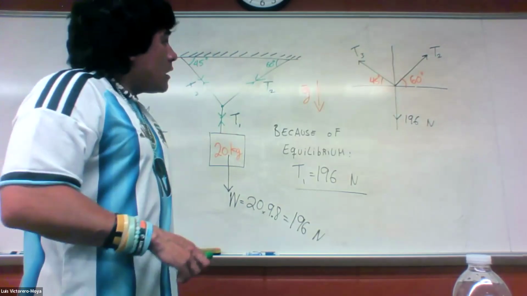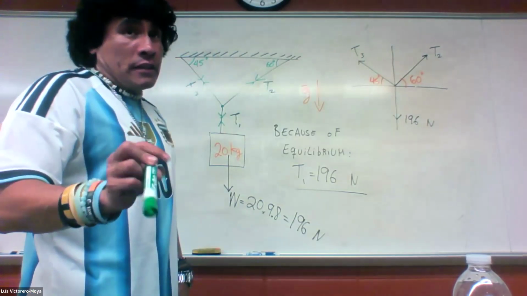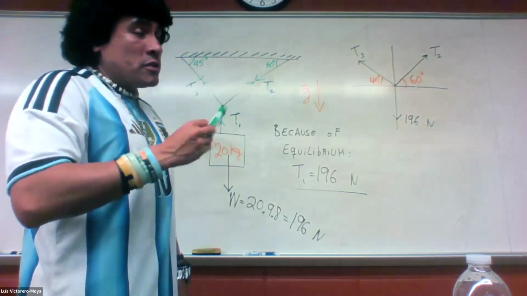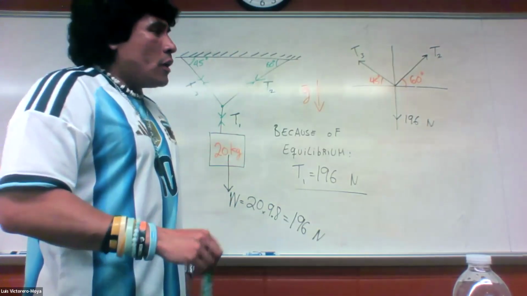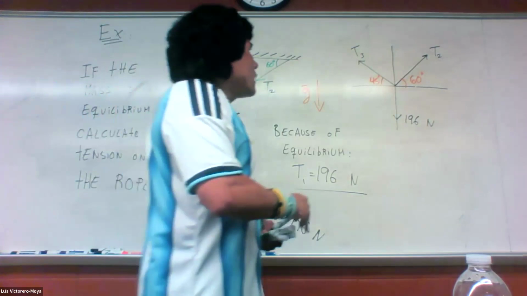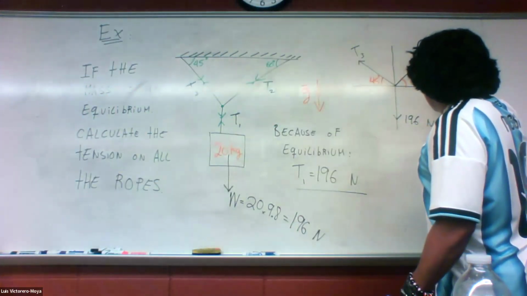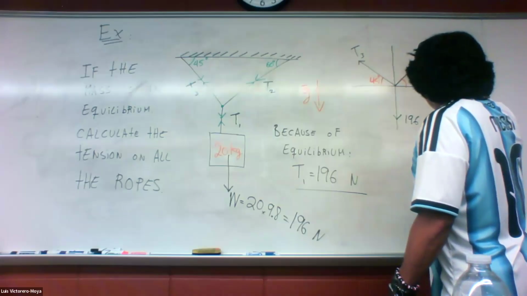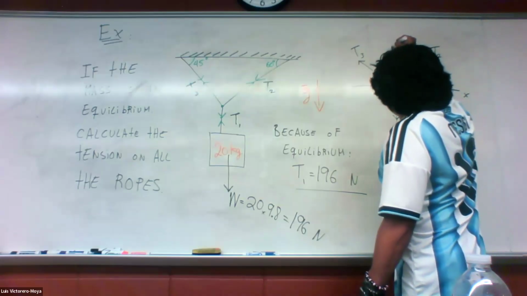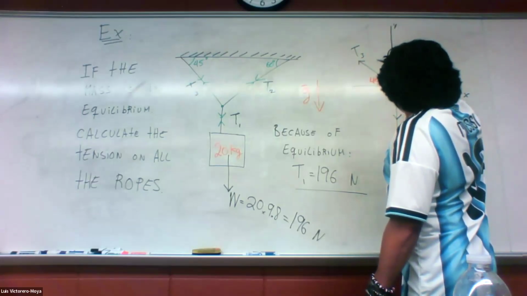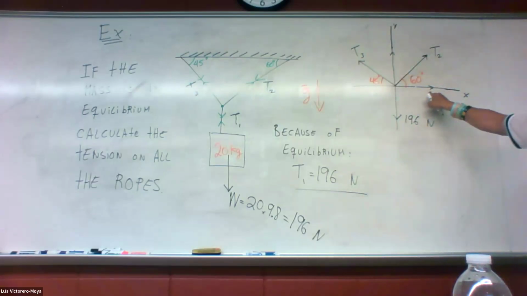So now I want to ask you, because we did this in chapter 1, and even chapter 2 and chapter 3, we've been talking about vectors. So let me ask you this question. What are the components of T2 on X and Y? In terms of T2, of course.